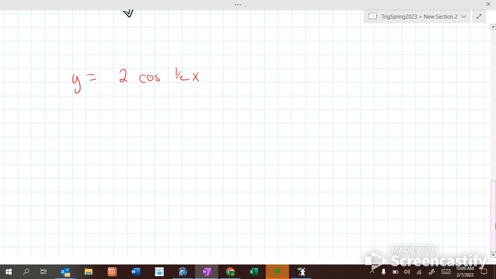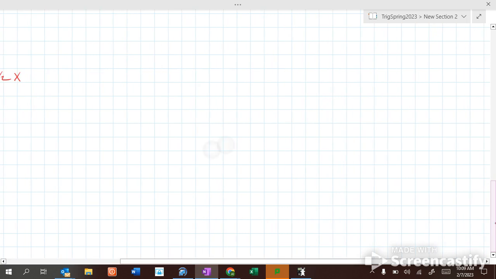Stretch it, which direction? That's the important thing. That's going to stretch it vertically. What's the 1/2 going to do to it? Is it going to shrink it by 1/2 or stretch it by 2? Stretch it by 2. Okay.